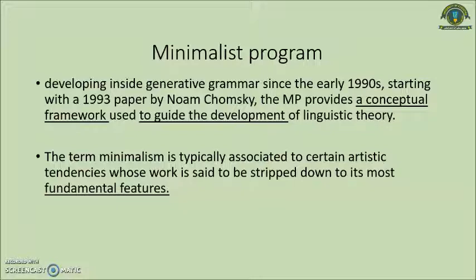What this means is that we have linguistic theory in front of us in the form of previous approaches that we had. For instance, as we discussed earlier as well, government and binding theory and universal grammar.